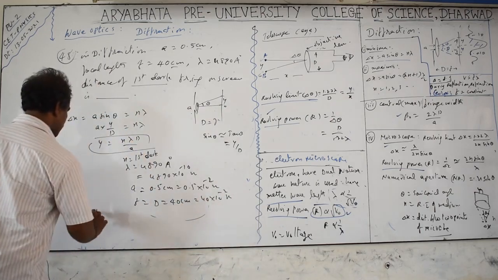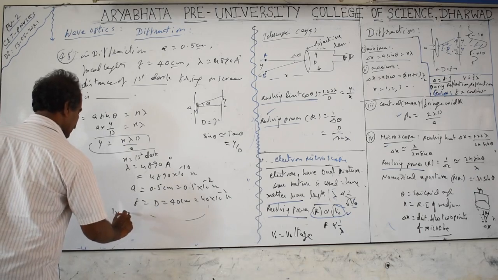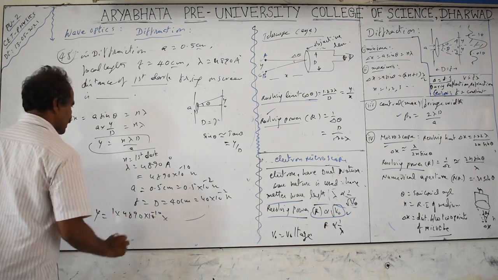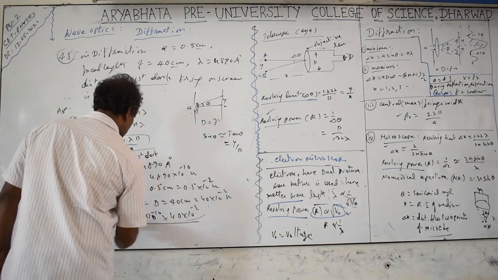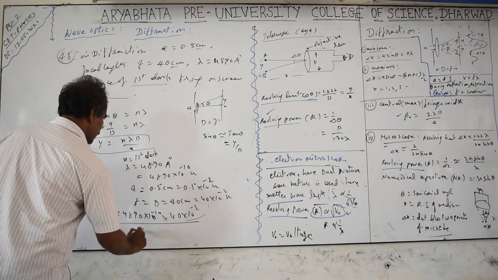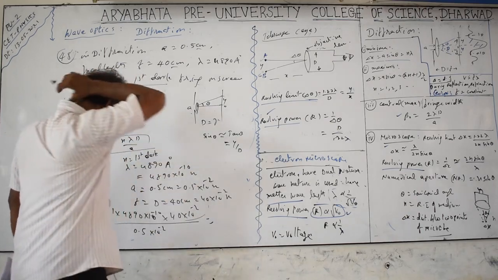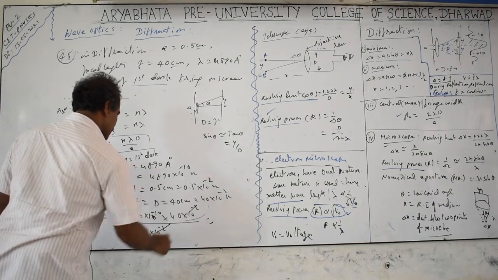Putting the values into y equals n lambda D by a: 1 into 4890 into 10 to the power of minus 10 into 40 into 10 to the power of minus 2, divided by 0.5 into 10 to the power of minus 2. Calculate this; the powers cancel.